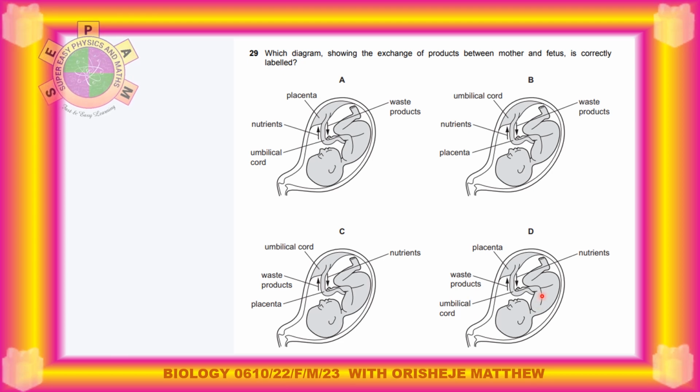Then waste product is removed from the body of the baby to the mother. So the arrow, the waste product, goes to the mother, while the baby feeds from the mother, that is nutrients move through the placenta, through the umbilical cord into the body of the baby for nourishment. So the correct labeling is D.